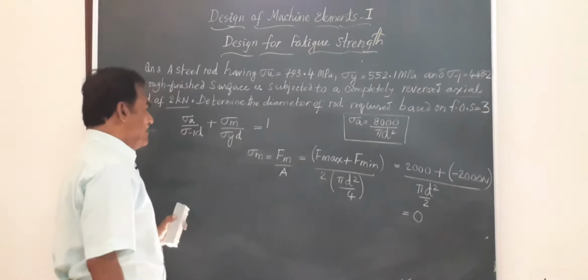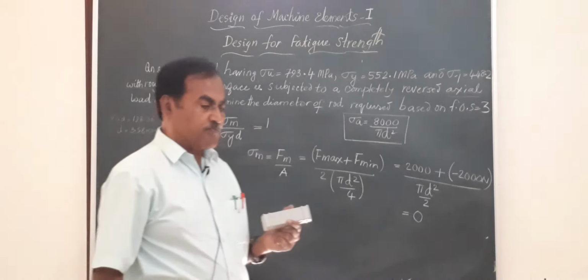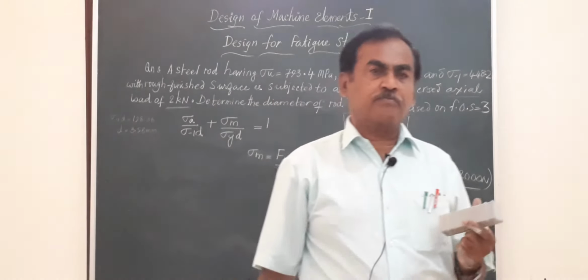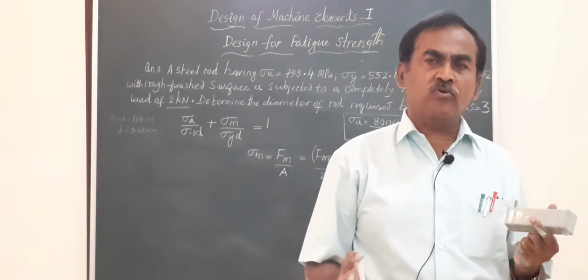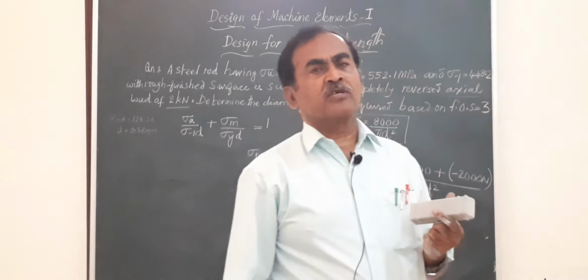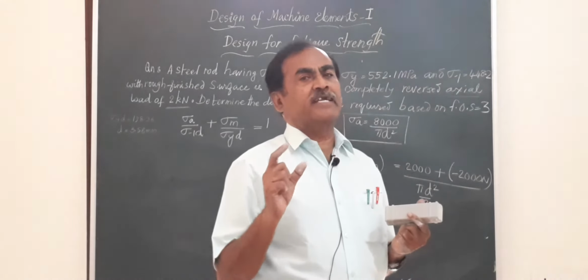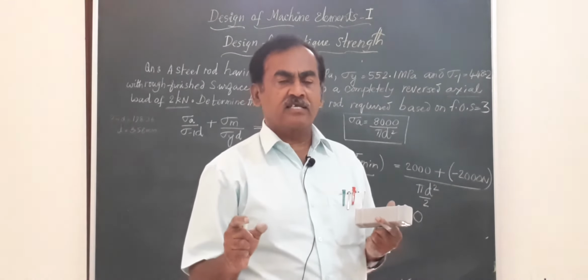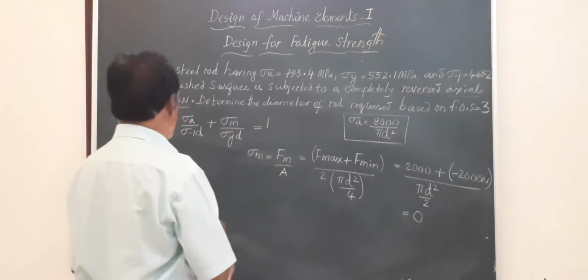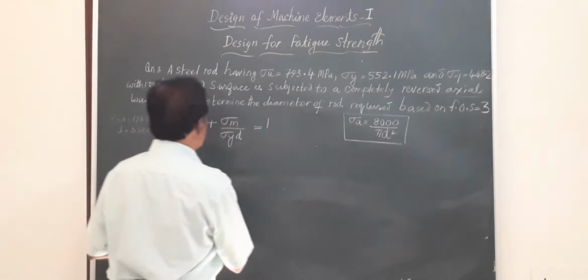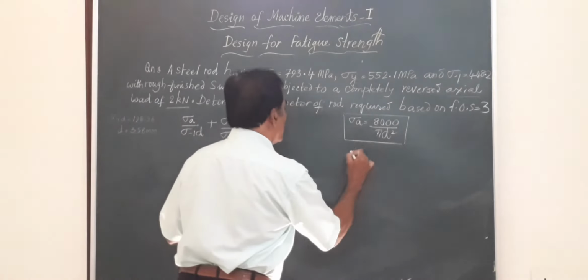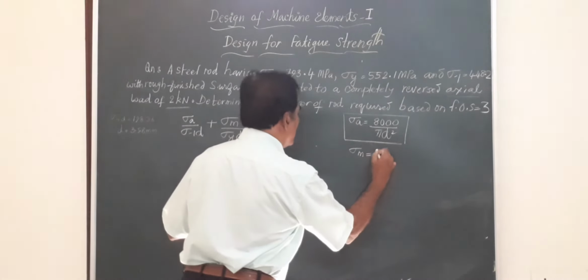That is to say, in all these problems, whether it is a problem on the axial load or on a bending load or on a torsional load, if the load is completely reversed, then the mean stress is equal to 0. And I can simply say here in this equation of Soderberg, sigma m is equal to 0.